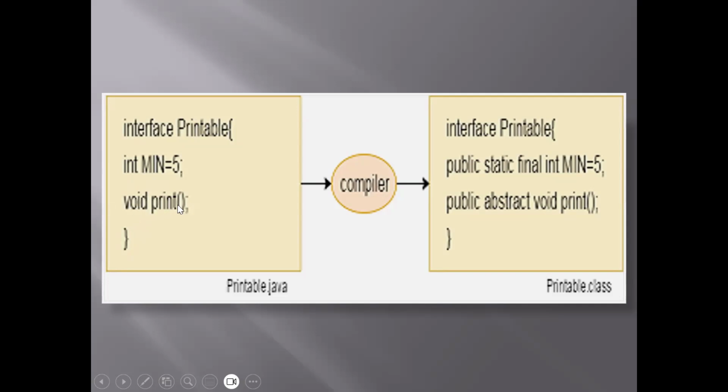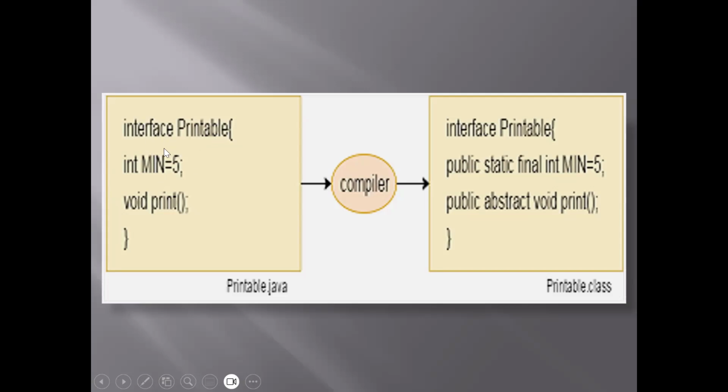I have here an abstract method called print. As you can see, it has no body. It ends with a semicolon: void print and semicolon. Here, int min equal 5. This is the code that you, as a programmer, type in any interface.